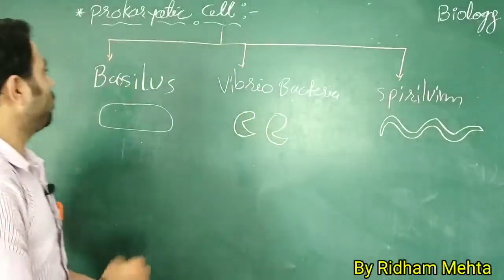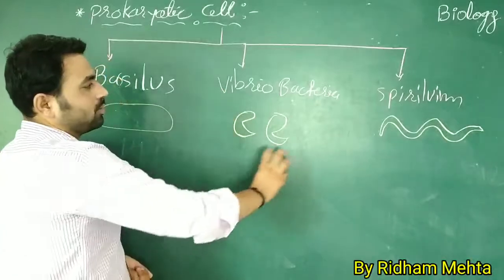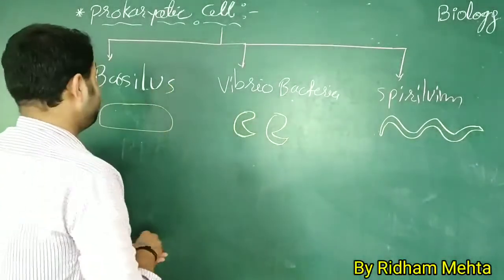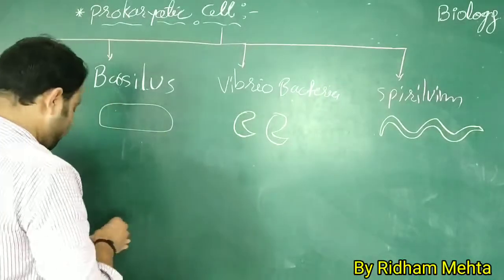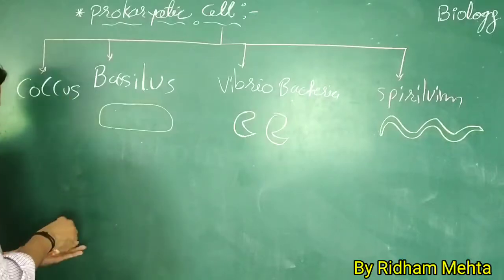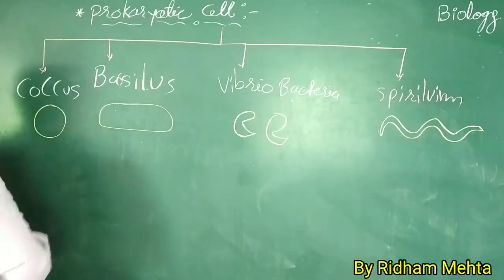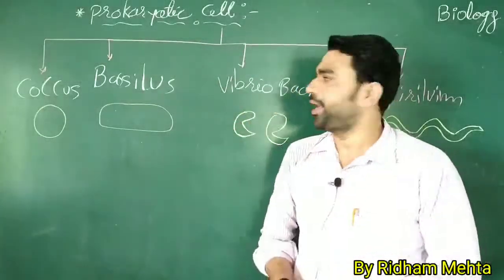So bacillus is somewhat rod-like, then vibrio, then spirillum, and then the fourth type is round shape, called coccus bacteria. They are the round shape bacteria. So according to their shape there are four types of bacteria.